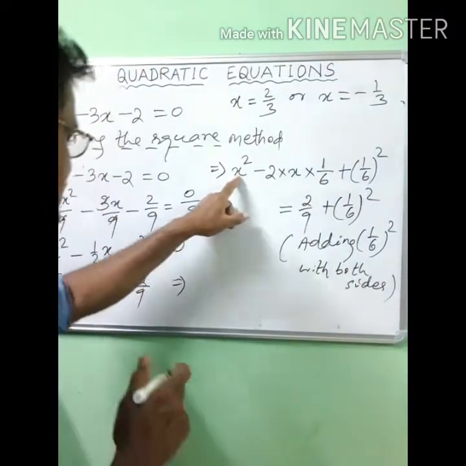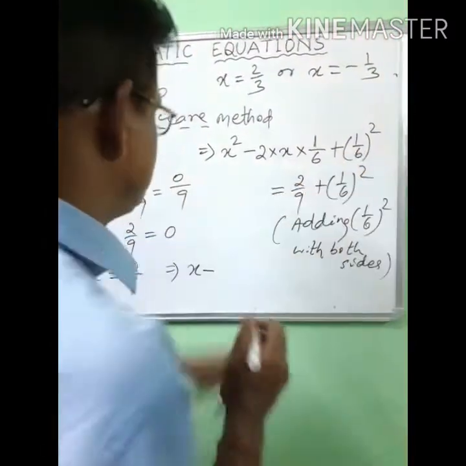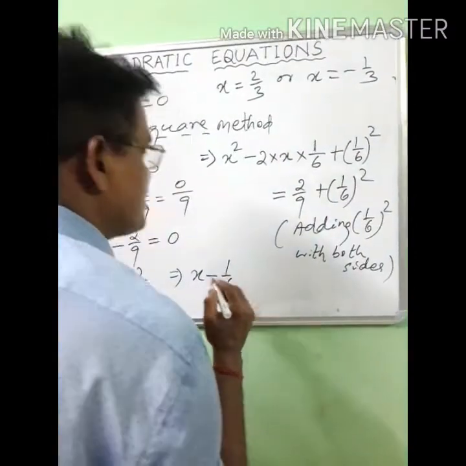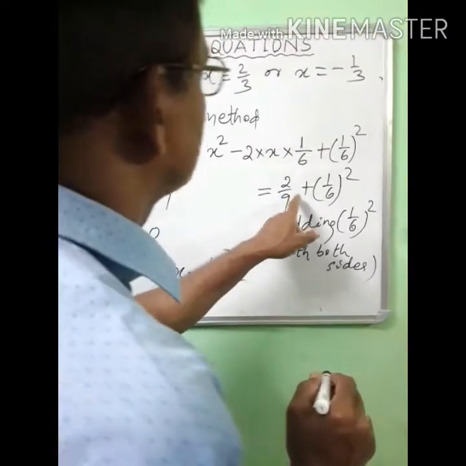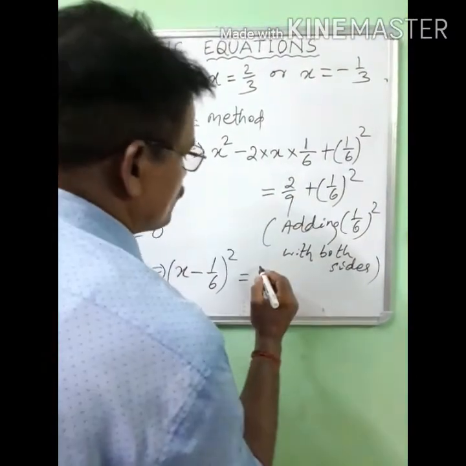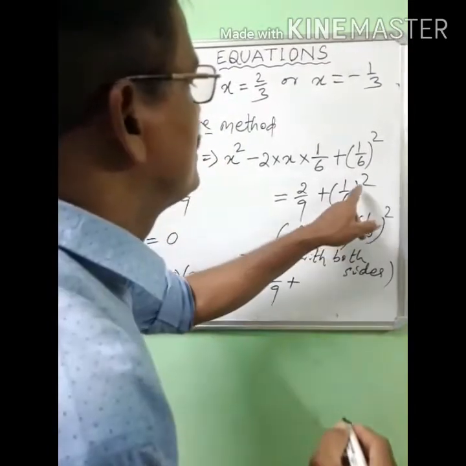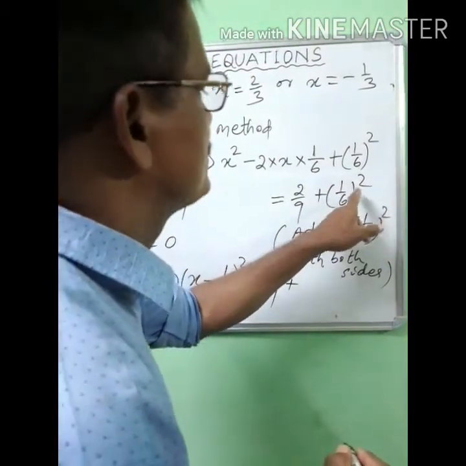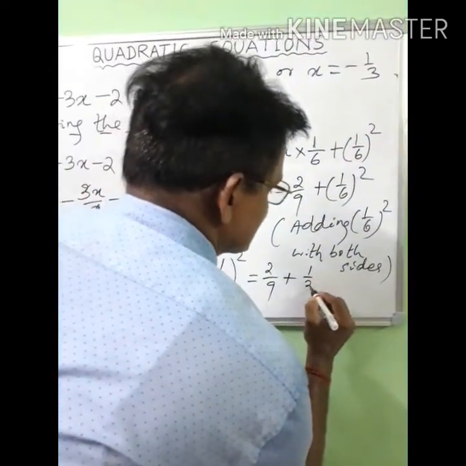So a is x minus b is 1 by 6, whole square is equal to, here on the right side, 2 by 9 plus 1 by 6 whole square means 1 by 36. Clear?